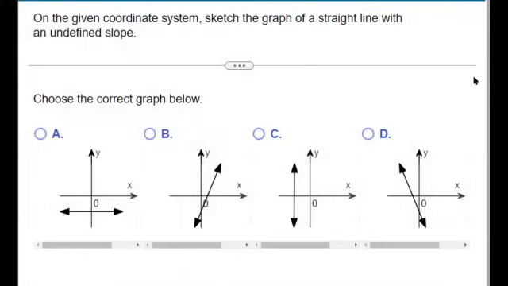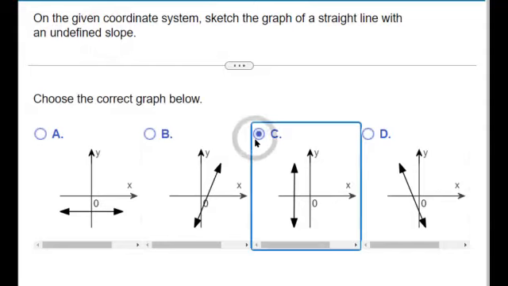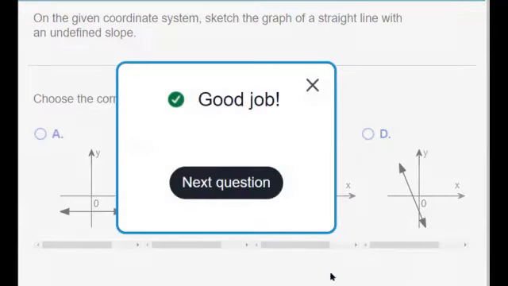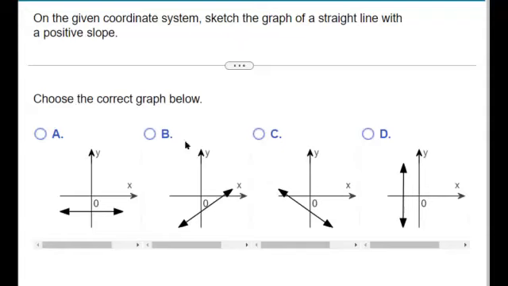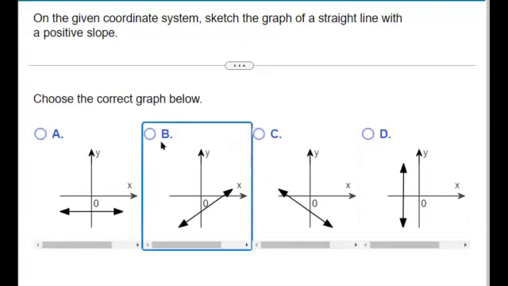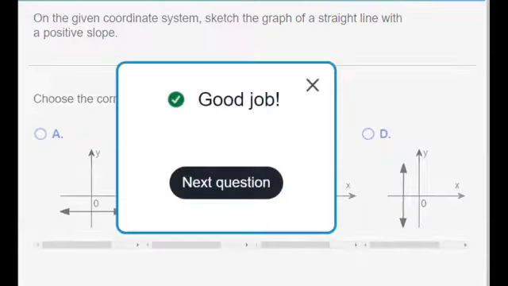So for me, on my question, it was talking about an undefined slope. That's the vertical line, because the run is 0. Now it's asking me for a positive slope. That's the one that goes uphill.